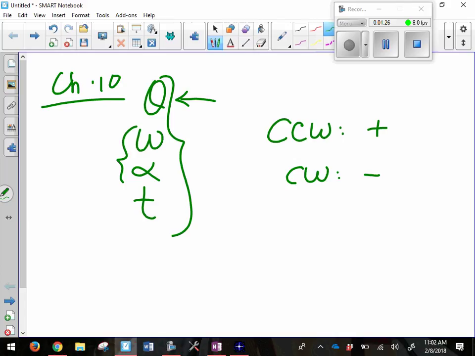They are identical to the chapter 2 equations that we had a million years ago, except that they have thetas and omegas and alphas instead of x's, v's, and a's. And we'll talk about today, I think, the relationship between the rotational quantities, which are this, and the translational quantities, which are the ones we had in chapter 2.